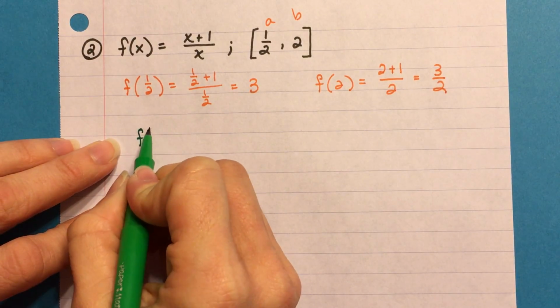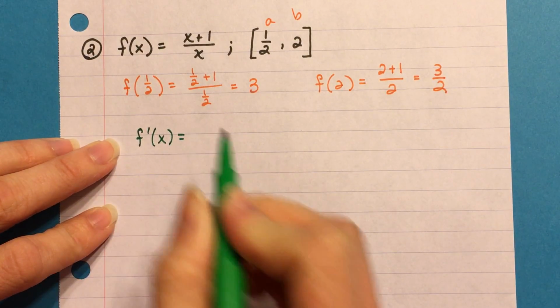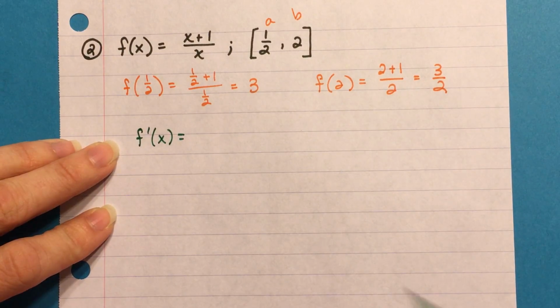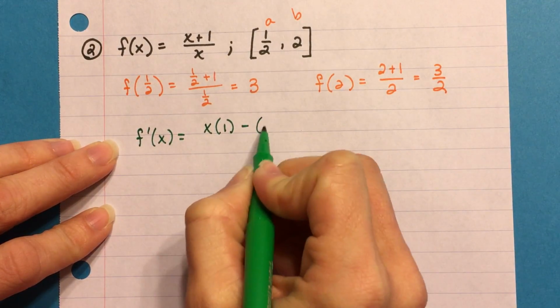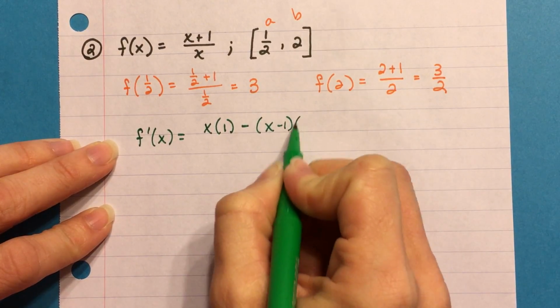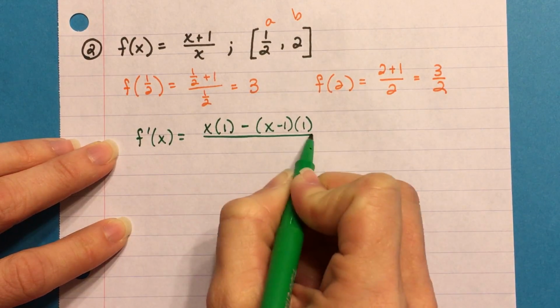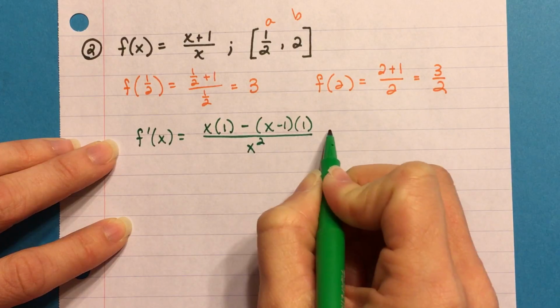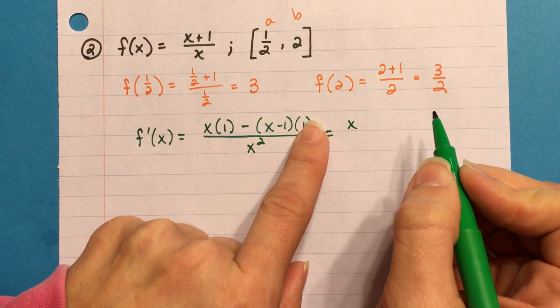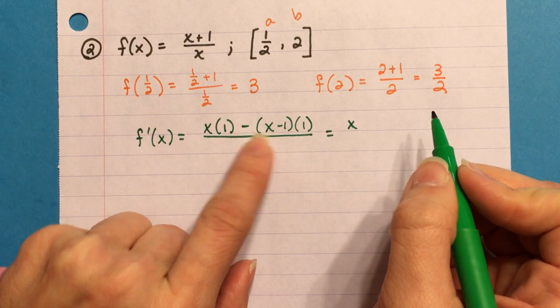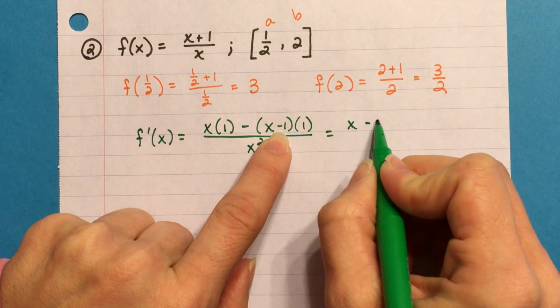Now, finding the derivative this time, you are going to need to use your quotient rule. So we'll have low d high minus high d low over low low. Of course, x times 1 is just x. Now, I can ignore this times 1, but I do need to distribute the minus sign here.